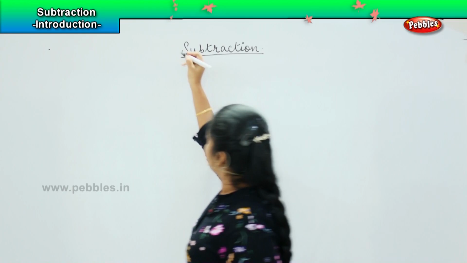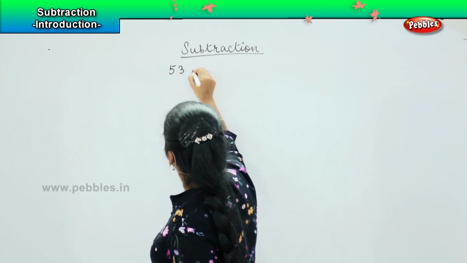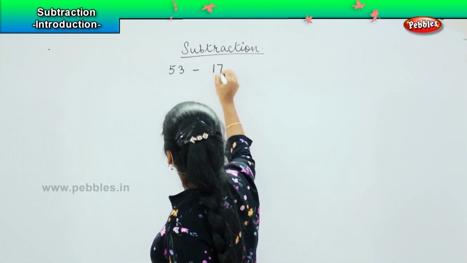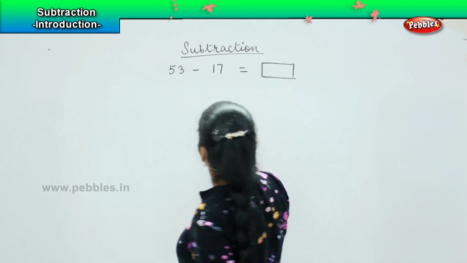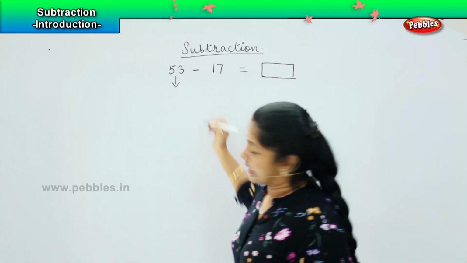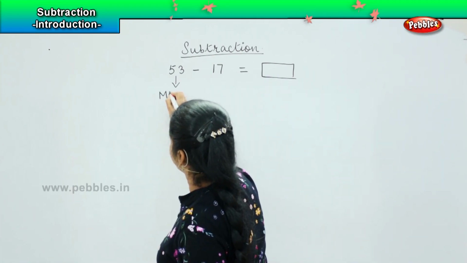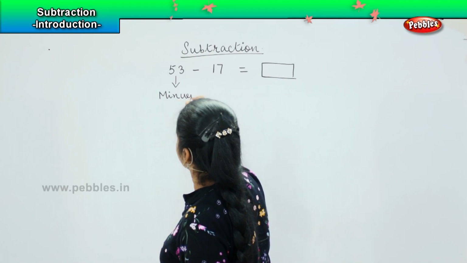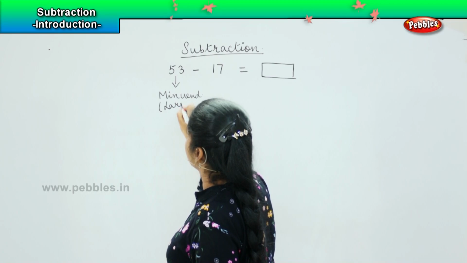Okay. For example, if I write that 53 minus 17 will give me an answer, right? So this is called as minuend. So minuend is always the large number.